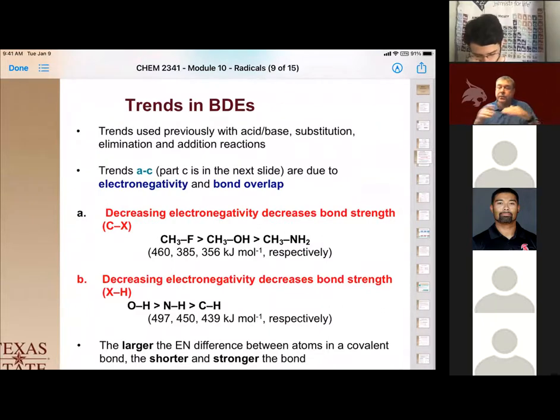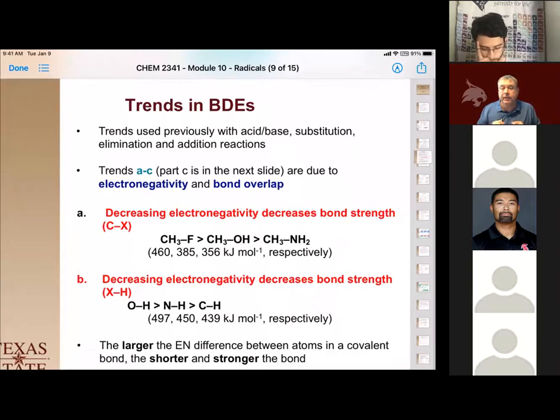Okay, just like there's trends on the periodic table and trends on carbocations, let's look at our radical trends. Our trends used previously include acid-base, substitution, and elimination. So let's look at that first: decreasing electronegativity decreases bond strength.